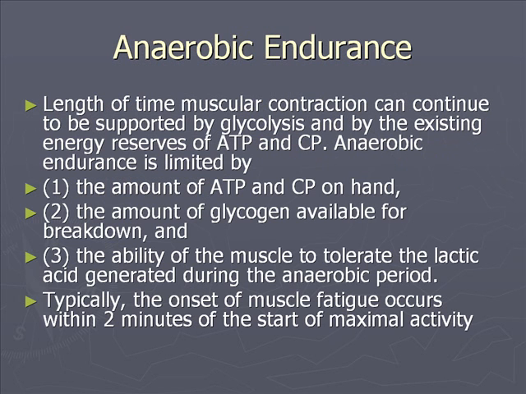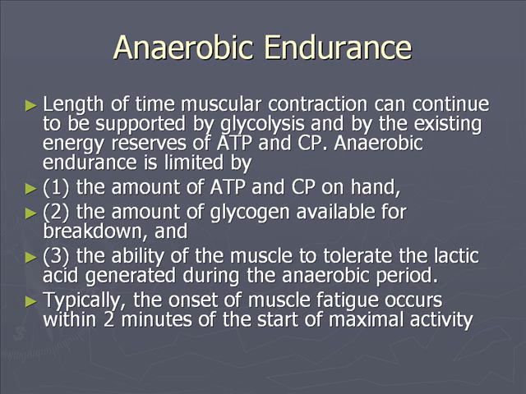Anaerobic endurance is not long sustained endurance like we see in aerobic metabolism. In aerobic metabolism, the mitochondria are producing plenty of energy, getting plenty of nutrients and plenty of oxygen. Anaerobic endurance basically can't be supported for long periods of time.